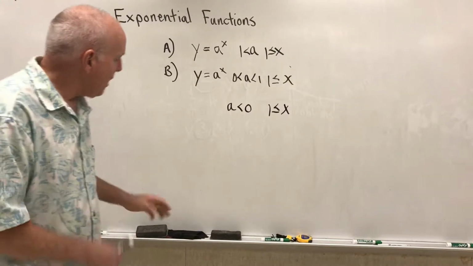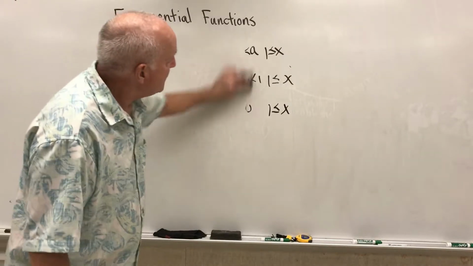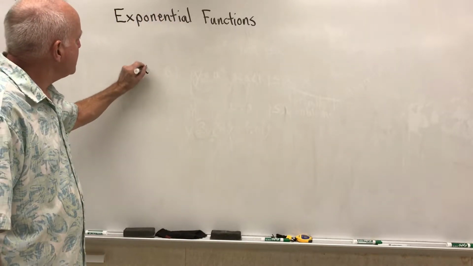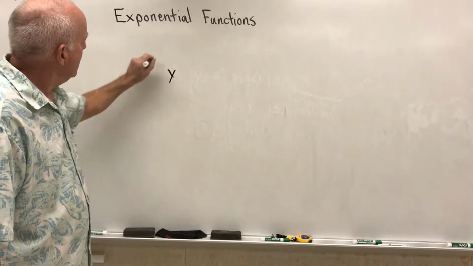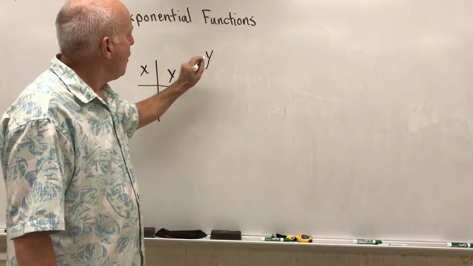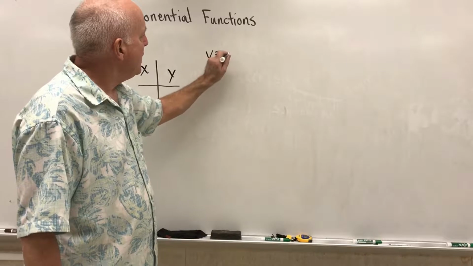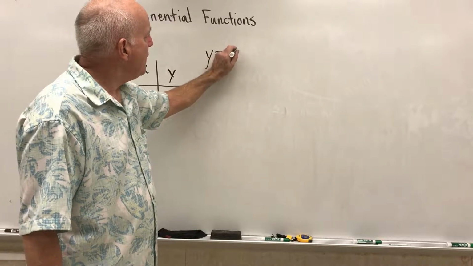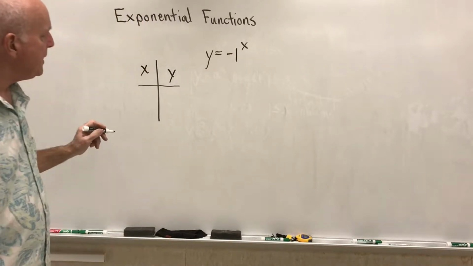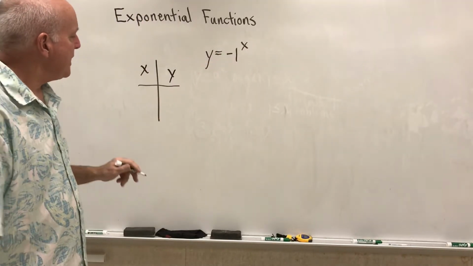So let's start off and make ourselves a data table. Now we've got x and y. For the purposes of this, we're going to say y is equal to negative 1 raised to the x.